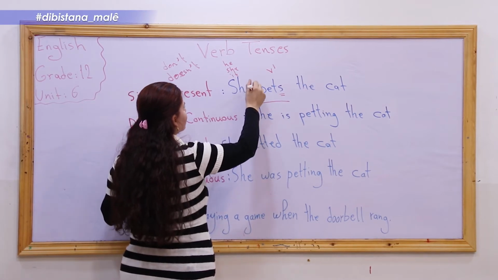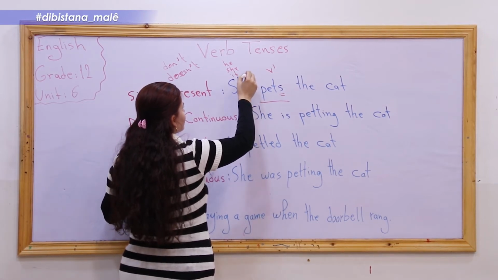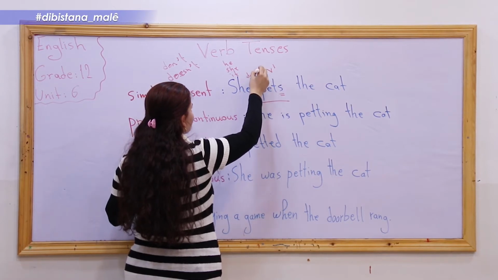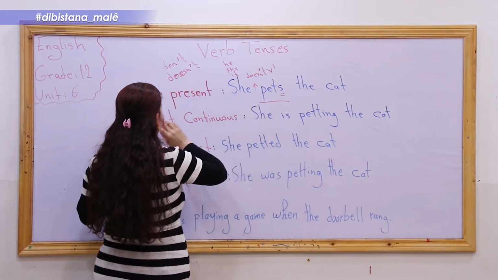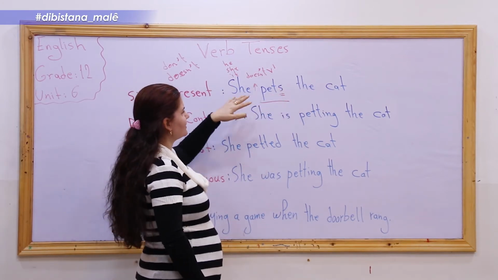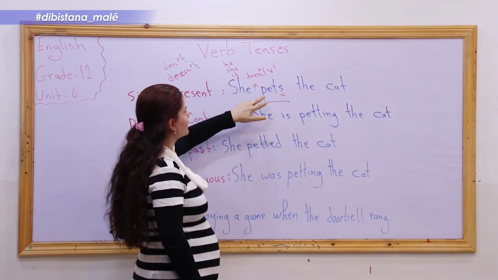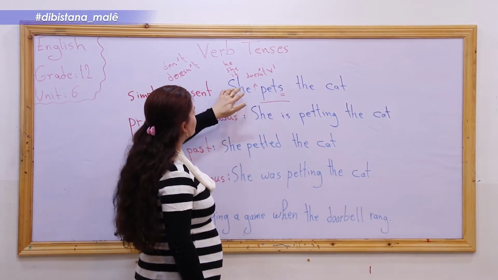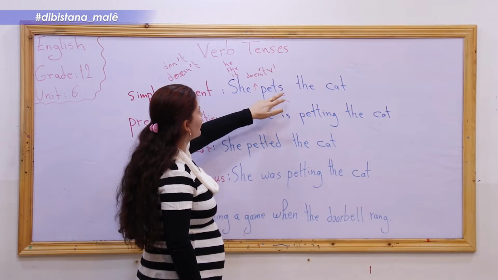So here we have doesn't. When I make it negative, or I want to change my sentence into a negative sentence, I will put doesn't here between the subject and the verb. It will be she doesn't pay.